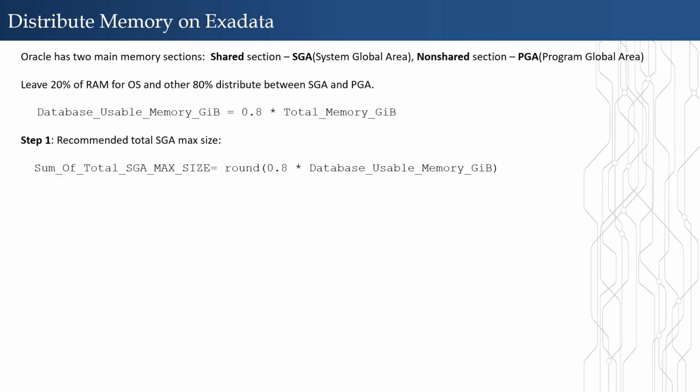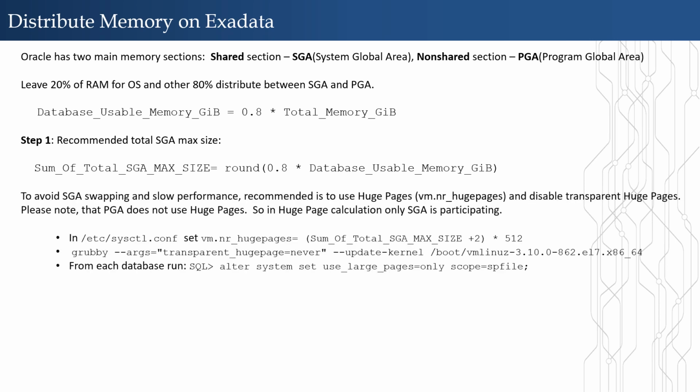We have 2 types of memory, SGA and PGA. It's recommended to leave 20% of memory for the OS and distribute the other 80% between SGA and PGA. So database usable memory in gigabytes is 80% of total memory, and this value participates in other formulas. The sum of total HGMX size is a rounded function of 80% of database usable memory.